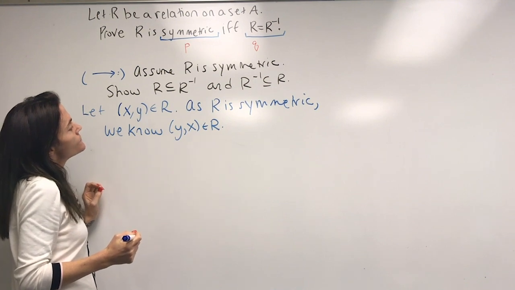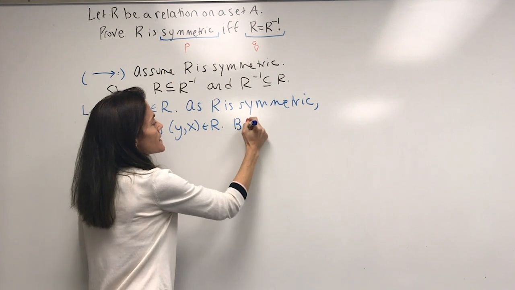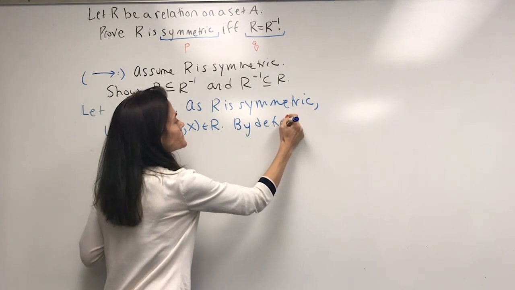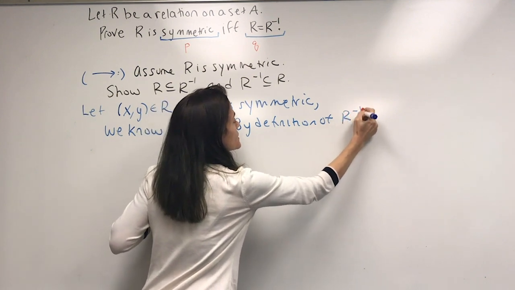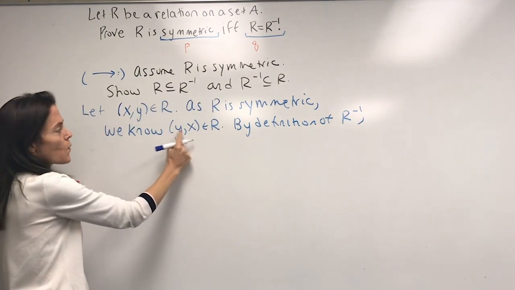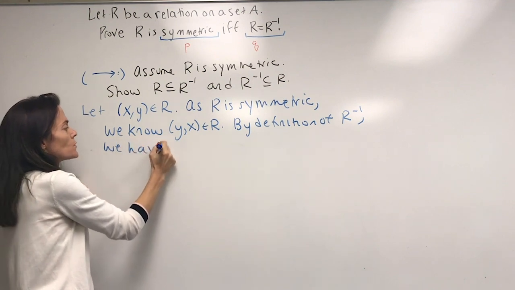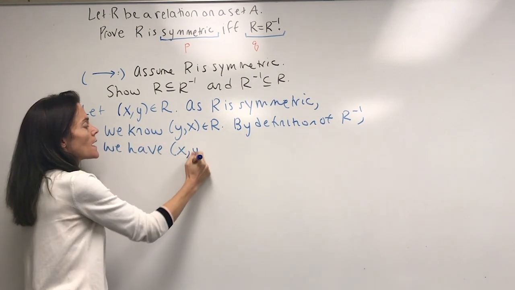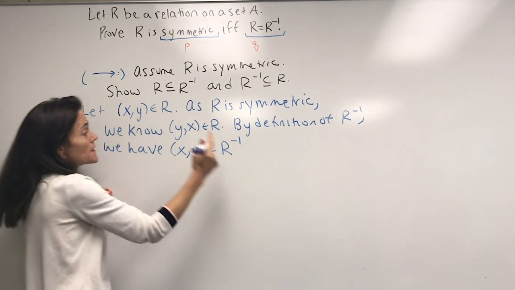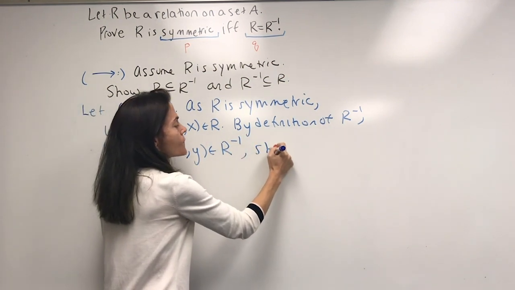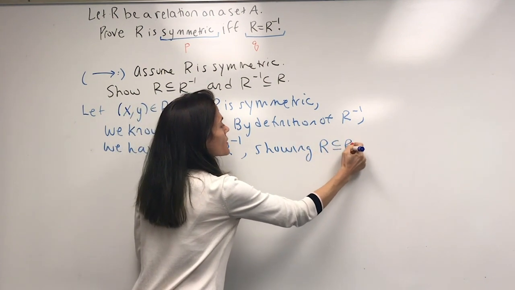Okay? Well, now, by the definition of the inverse relation, and that y x is in R, we flip it, x y is in R inverse, and this shows that R is contained in R inverse.